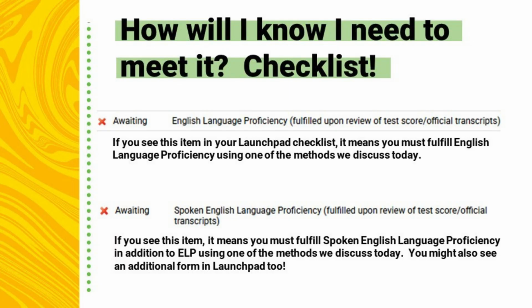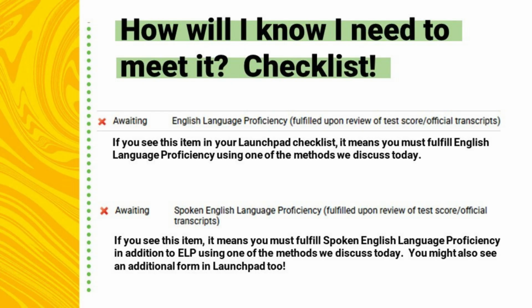For spoken language, there might also be a form in your Launchpad to self-declare your education. That being said, if you don't see any of these at all, then you've probably met the conditions through your application itself. But if you do see these, just know you will have to provide proof of your English language proficiency.